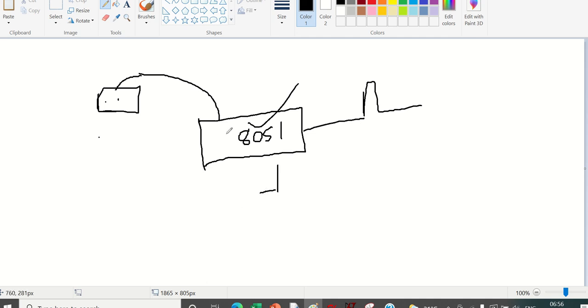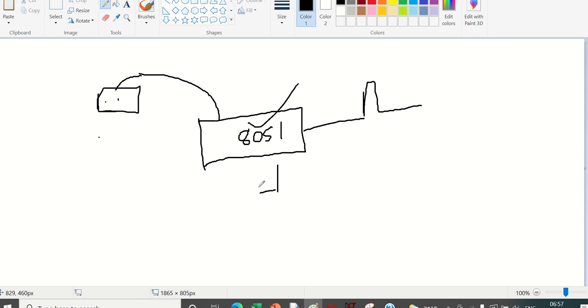Now you can either use an NMOS based common source amplifier or a PMOS based common source amplifier, and you should decide how we are going to do this. If you are given an opportunity, whether you will do the NMOS based one or the PMOS based one, you have to understand that and do it. That is your task. You have to decide what kind of sensor should use NMOS and what kind should use PMOS.